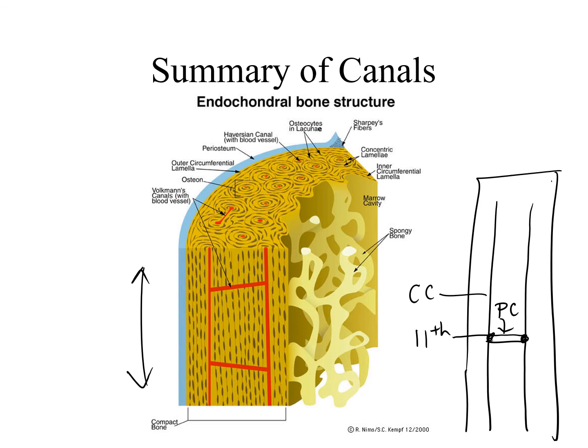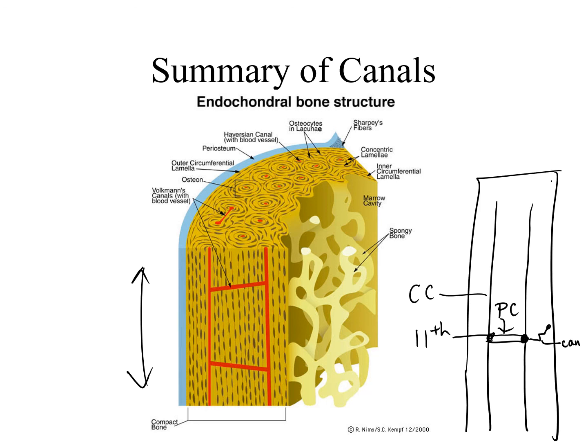Now, let's say that your office space is over here on the 11th floor. You might walk from this central canal here, down a hallway, over a hallway, and there to your room. These are our teeny tiny little canals called canaliculi. I'll just call them CAN for short.